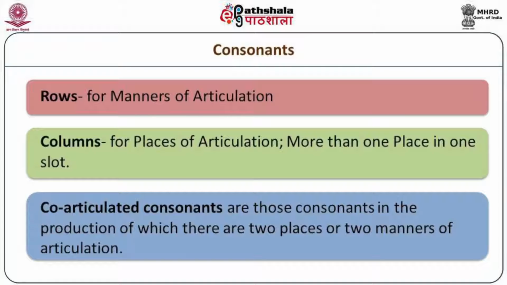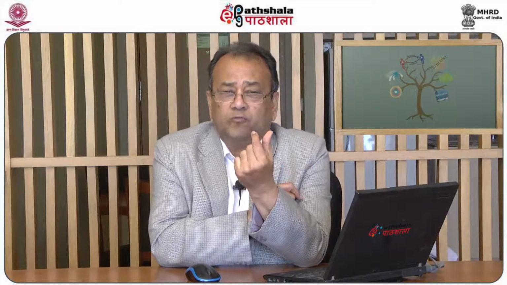So there are two parameters: the rows, which stand for manners, and the columns, which stand for places of articulation. There is a convention followed in presenting the symbols in the same slot: if at the same place and in the same manner you have two sounds produced, one voiceless and the other voiced, then the voiceless sound is placed on the left in the slot and the voiced sound is placed on the right in the slot.